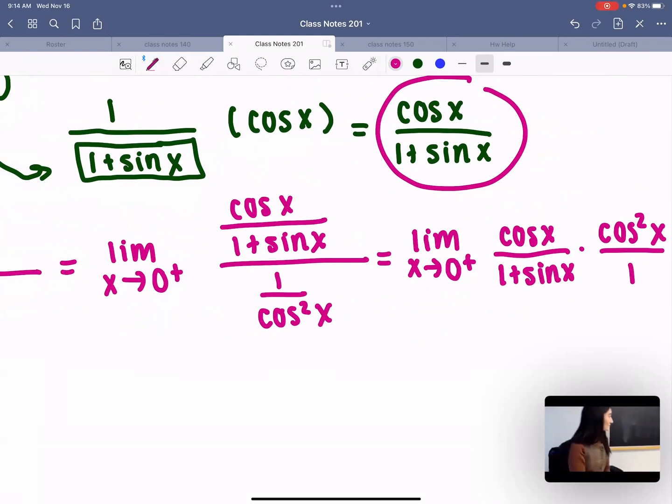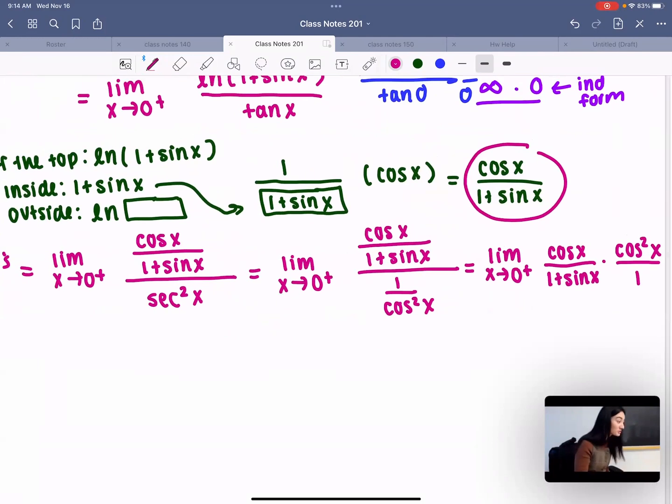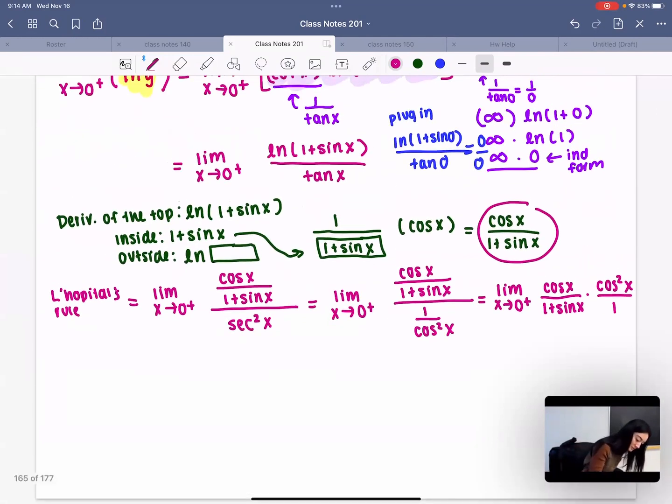Okay, so we're here. Looks like I can combine the cosines. So instead of cosine times cosine squared, this can be cosine cubed, right? So let's make this the limit as x goes to 0 plus of cosine cubed of x over 1 plus sine of x.